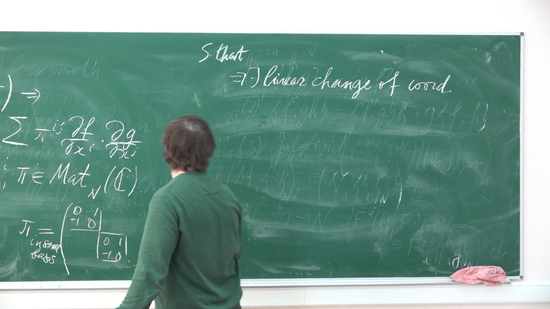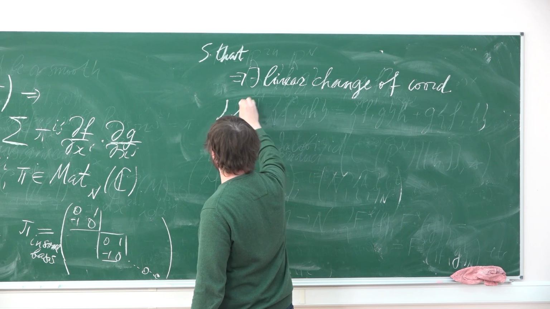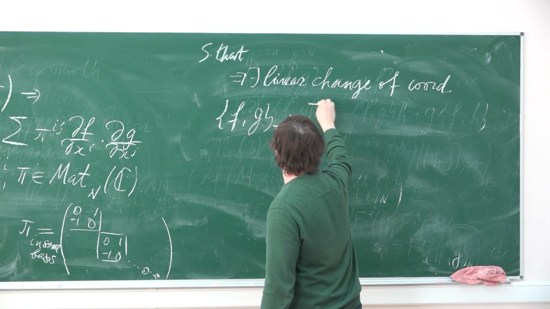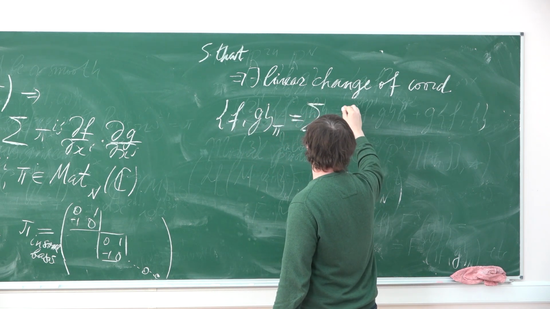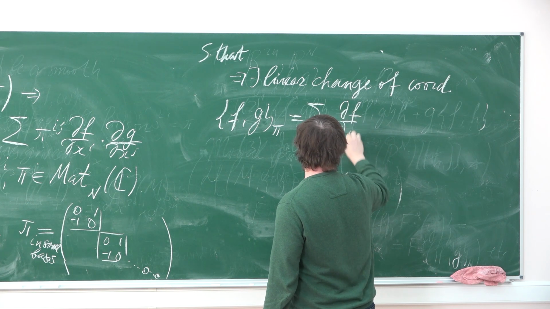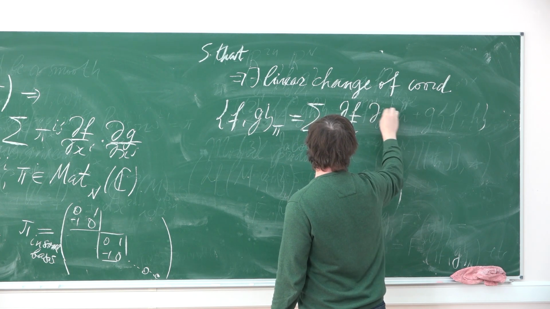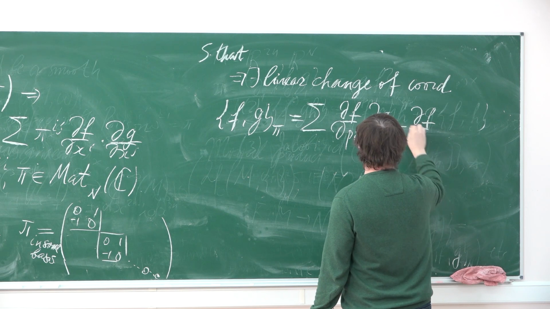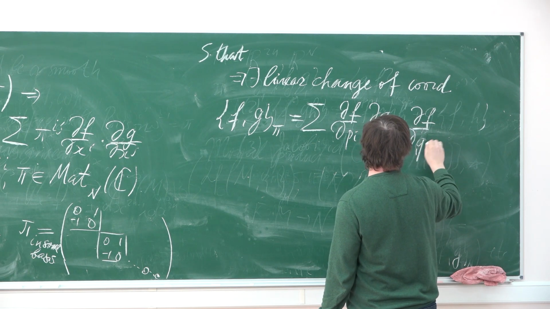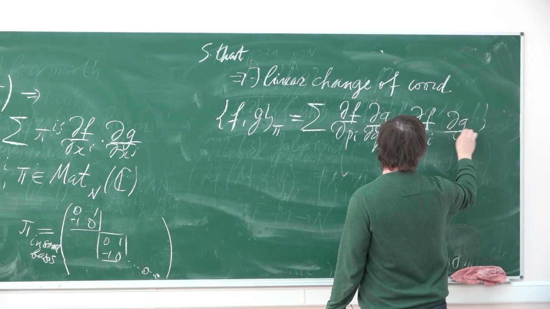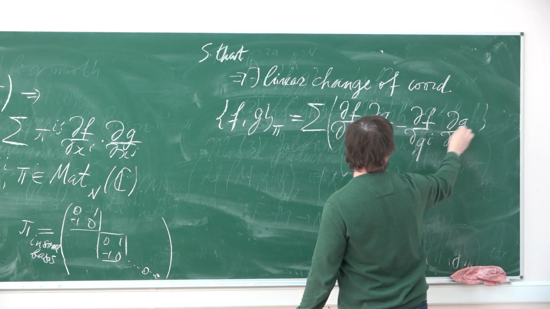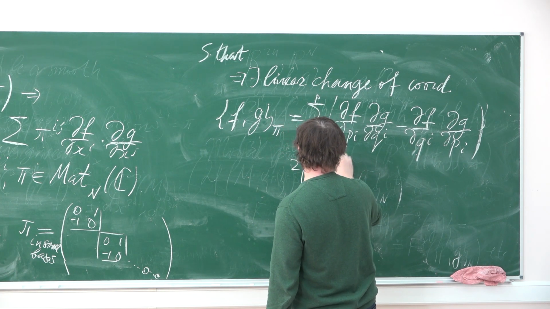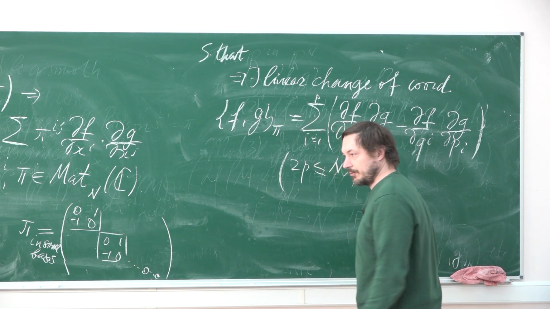So we just get the formula that the bracket of f and g with respect to pi is equal, in this new coordinate system, to just the sum of df/dp_i dg/dq_i minus df/dq_i dg/dp_i, for i from 1 to some p, so that 2p is less or equal to n, actually, right?